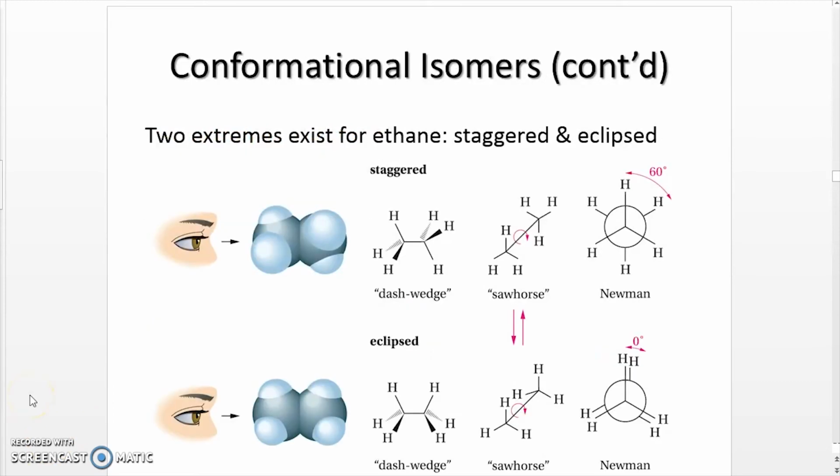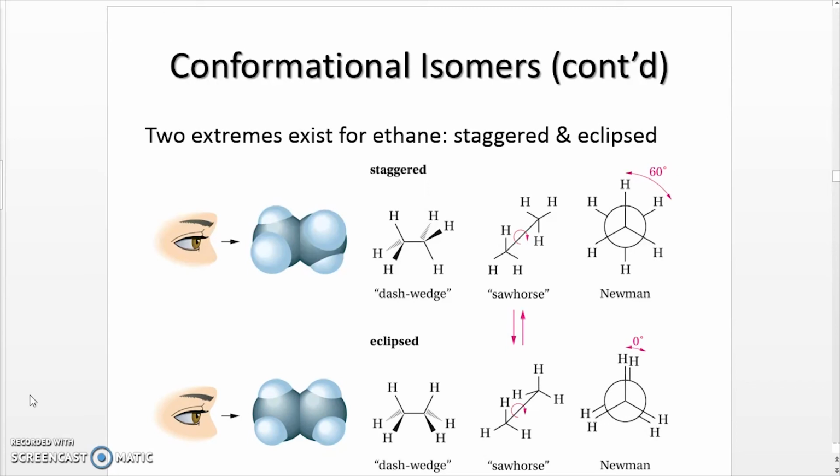Here we're looking at conformational isomers in various structural representations. So the viewer is first looking at what's called a space-filling model, followed by a dash and wedge. The dash and wedge is very important as we then proceed to Chapter 5 on stereochemistry. The middle structure is a sawhorse with an arrow around that center bond, and that's the bond that will actually rotate.